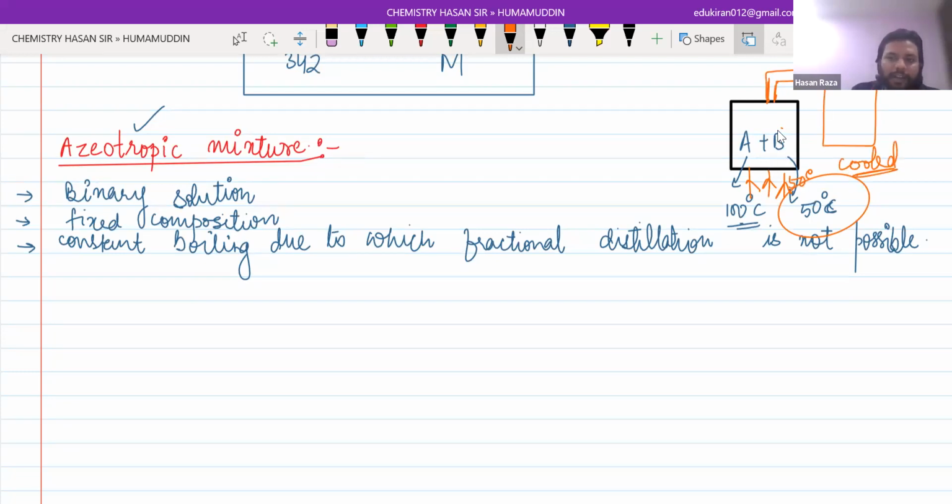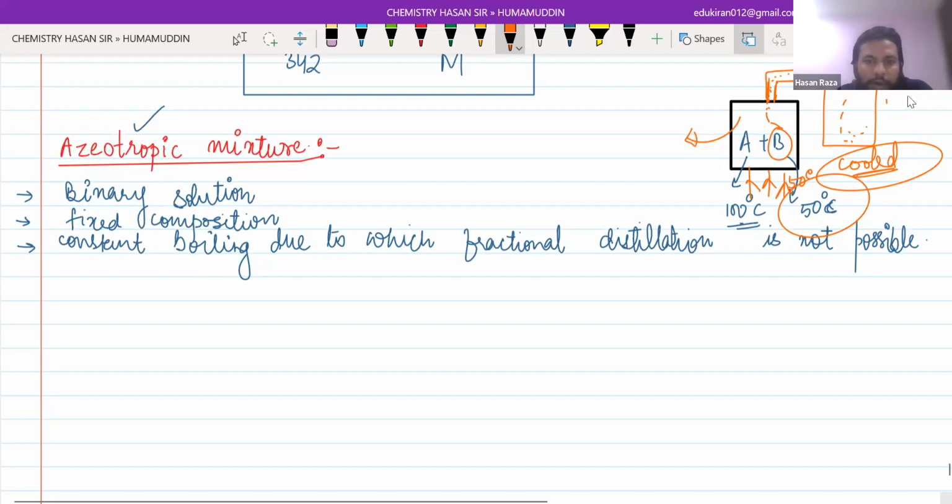So at 50 degrees centigrade, this B will be converted into vapor and travels, and here comes, and since cooling is here, it will convert itself into liquid state again. And in this container, you will be left with only A. Now if you want pure A, you can get it from the black one, and if you want pure B, you can get it from the orange one. Are you getting my point? This is fractional distillation.